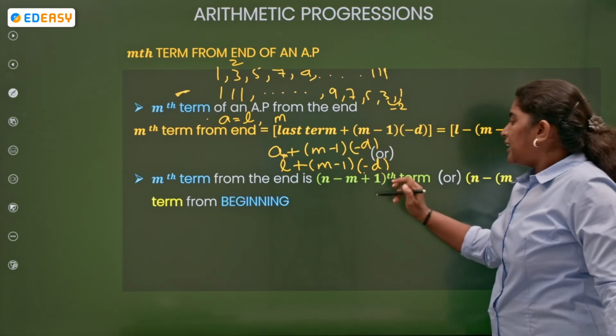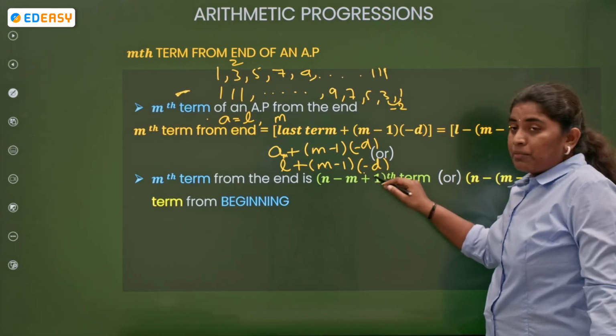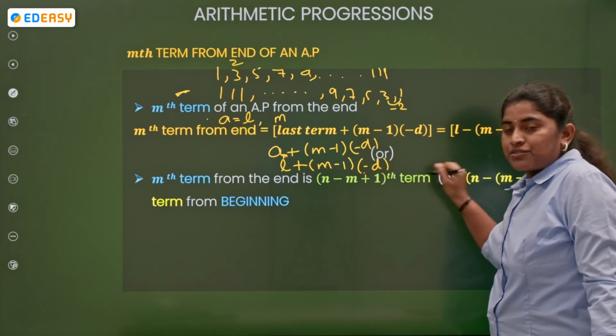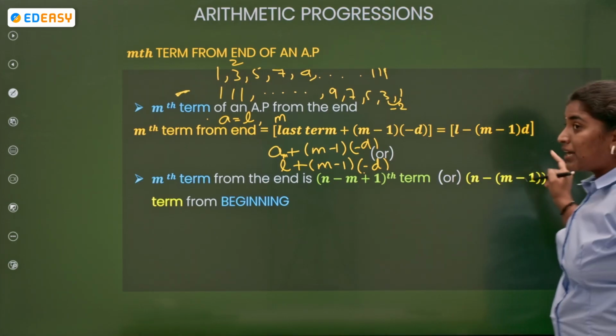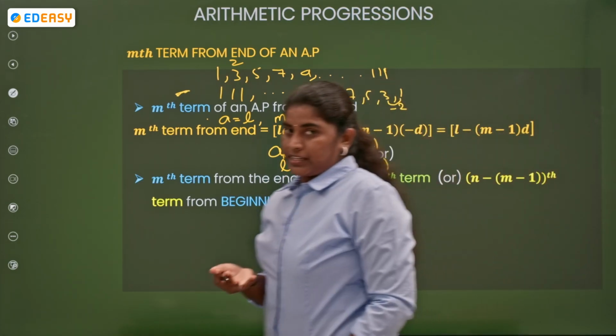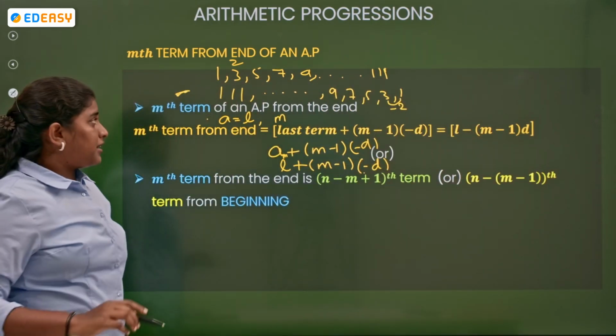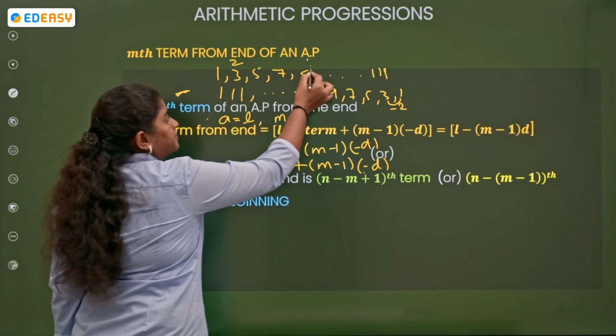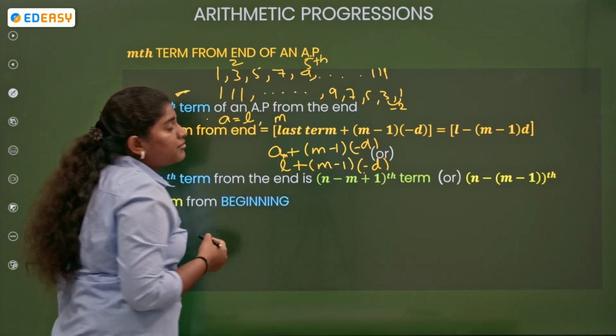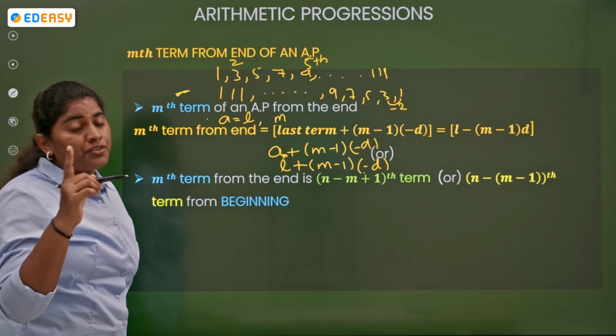The mth term from the end is the n minus m plus 1 term from the beginning. For example, if you observe here, 9 is in the fifth position, that is your fifth term.